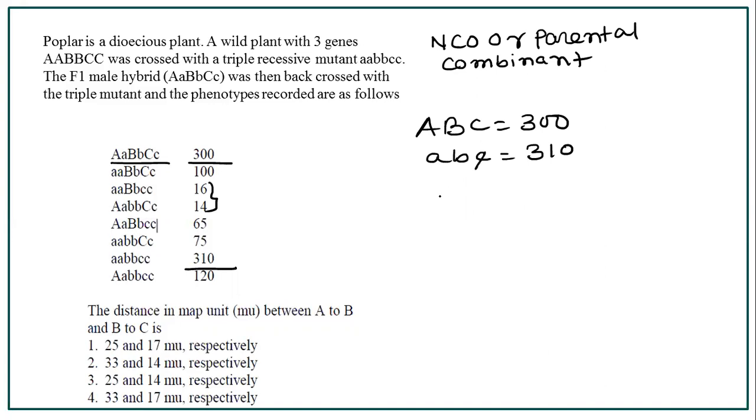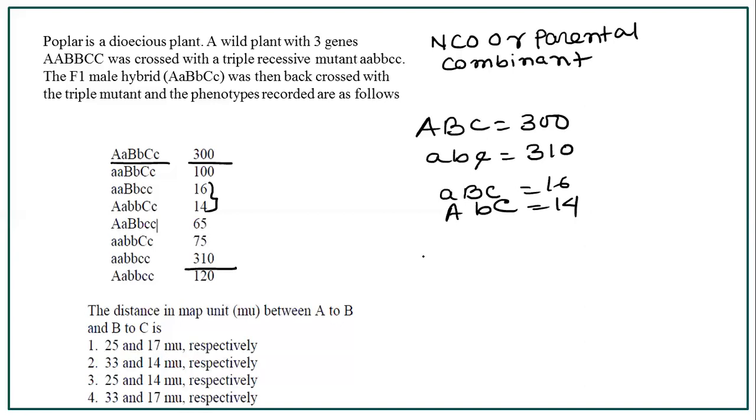So DCO will be small a, capital B, small c, and another is capital A, small b, capital C. So here is 16 and the other is 14.